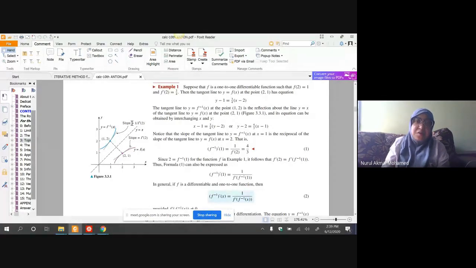So we know that if we have a function y equal to f of x, the inverse function of f, which is denoted as f superscript -1 of x, is the reflection of the graph y about this line y equal to x.